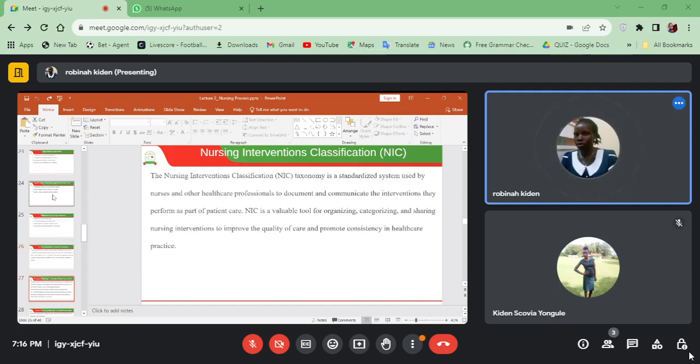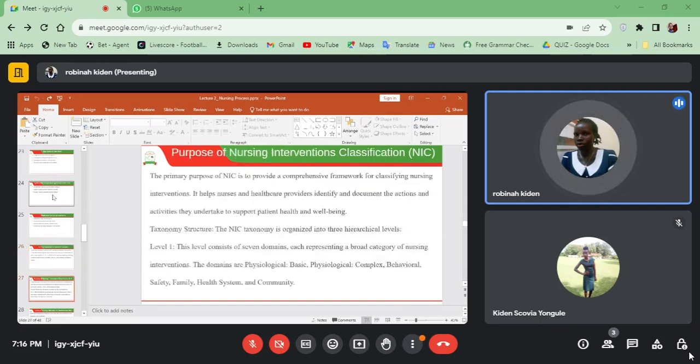Level 1 consists of 7 domains, and these include the following: basic physiological, complex physiological, behavior, then we have safety, family, health system, and the community.